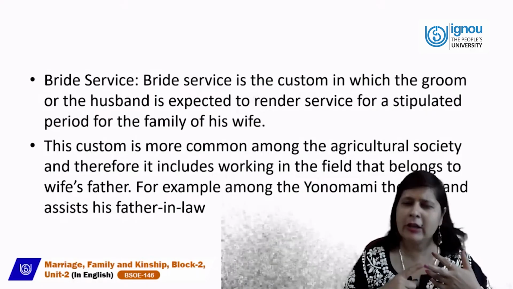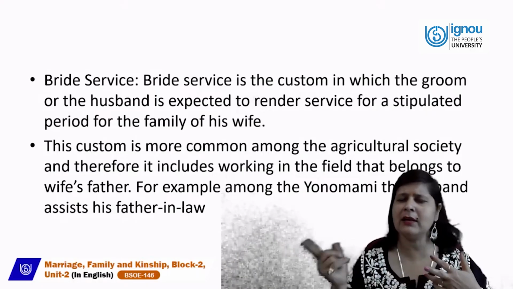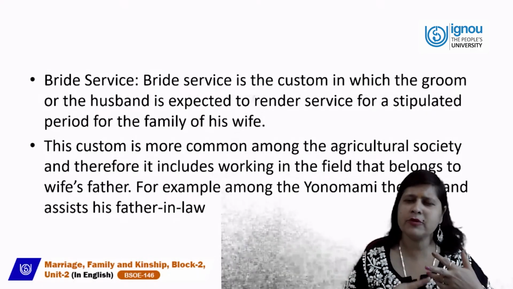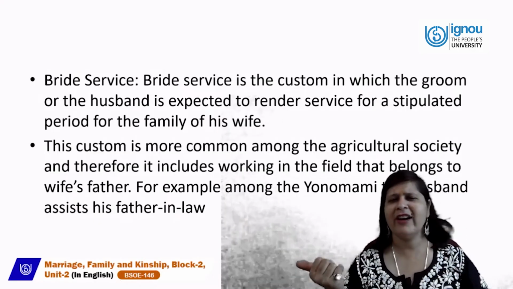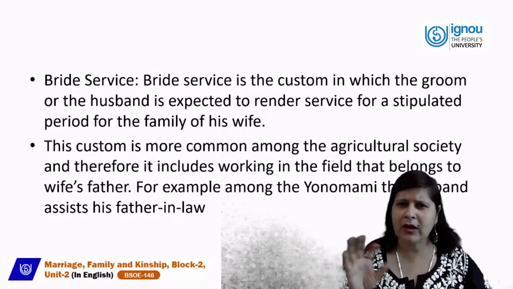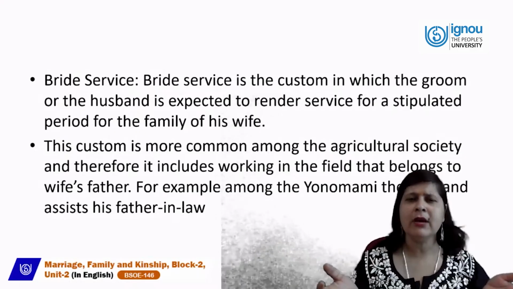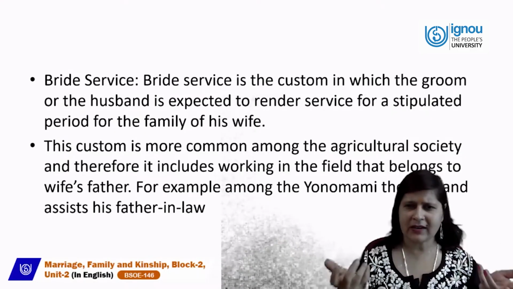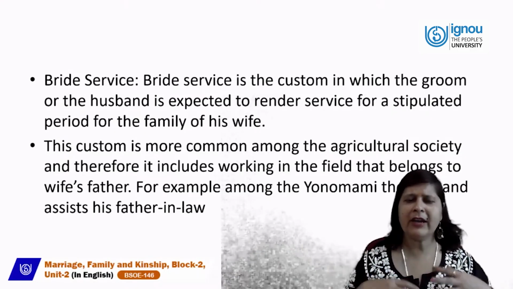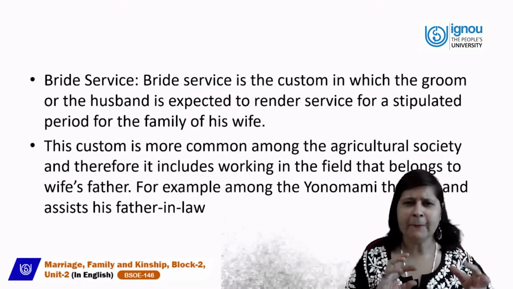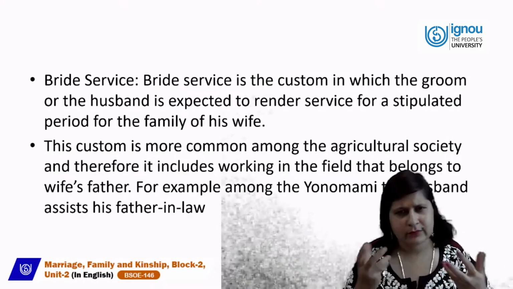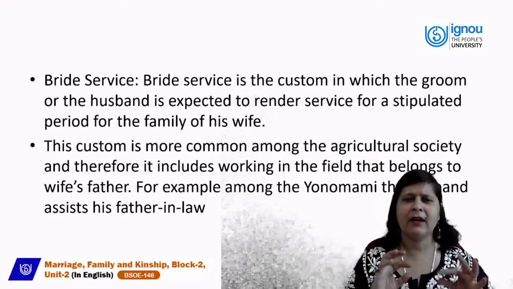Then virilocal is when the wife moves to the husband's place. Uxorilocal is when the husband moves to the wife's house. Then neolocal is when they establish a new independent house.